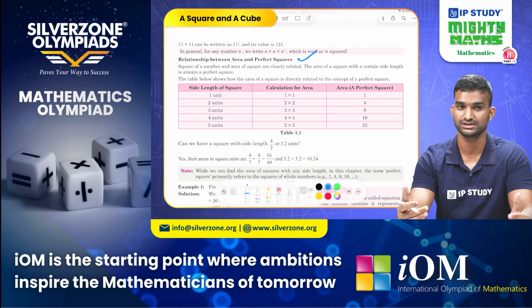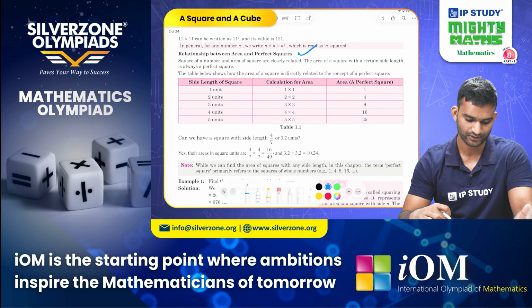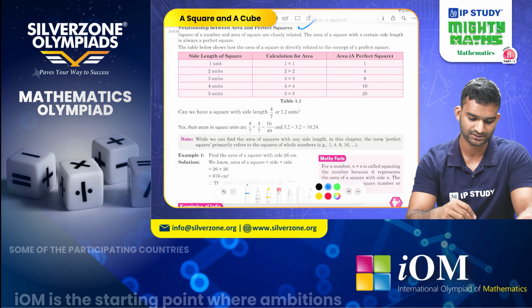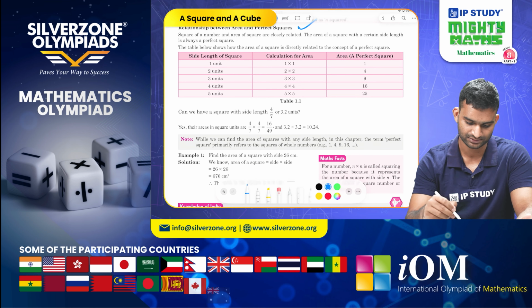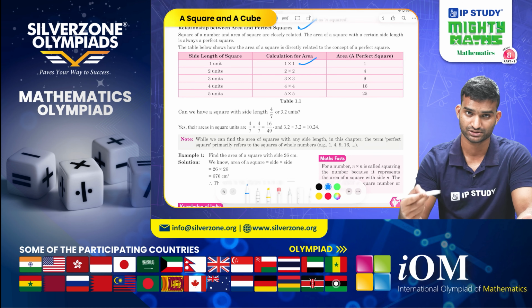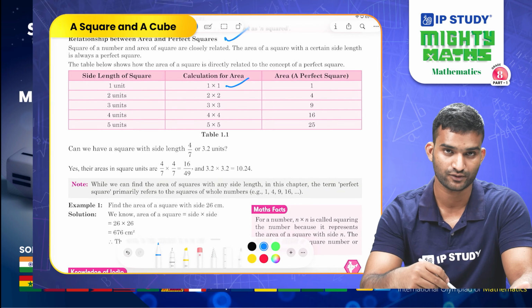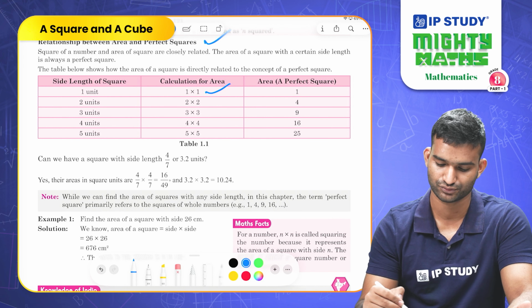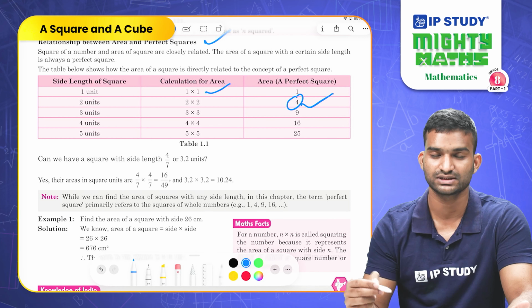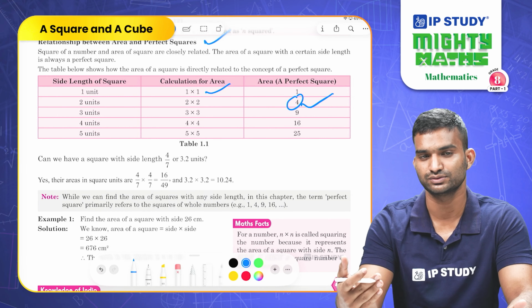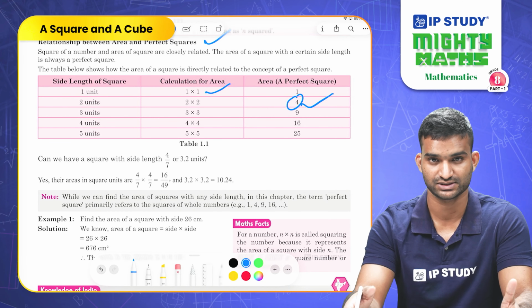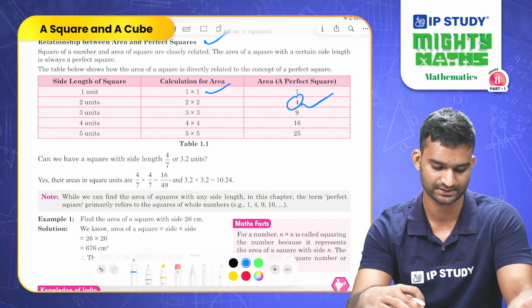When we look at this table, we take the side length as 1 unit. We get the area as 1 cross 1, which is nothing but 1 square. Now for a side of 2 units, we get 2 cross 2, which is 4, and 4 is nothing but 2 square. So the area of a square and perfect squares are definitely related.